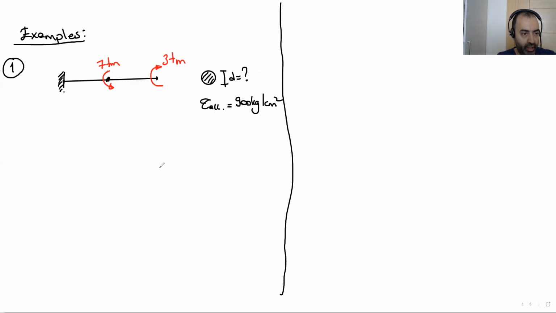So here we have to draw the torsional moment diagram. You know how to draw the internal force diagrams: moment, shear force, and axial force diagrams.